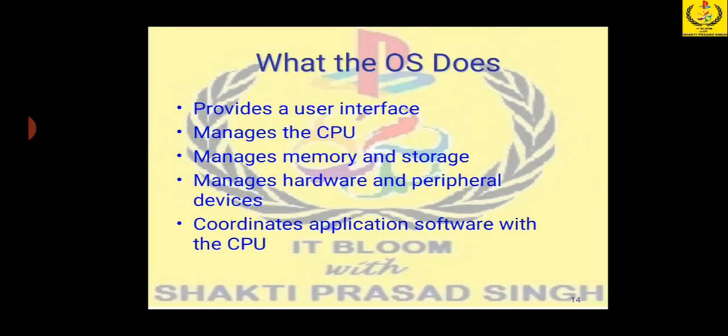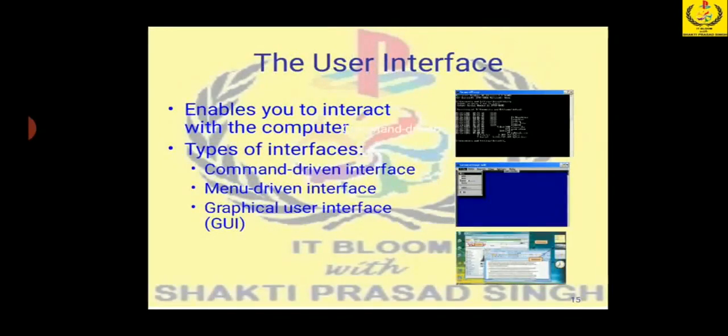Now we come to the user interface. User interface means how the user can interact with the operating system, how they are applying that OS. That is the meaning of the interface. It enables you to interact with the computer.